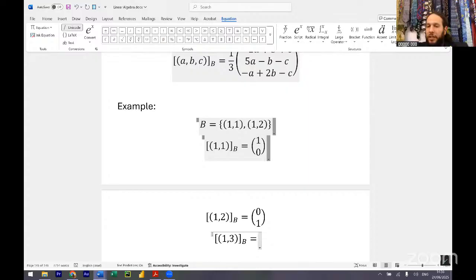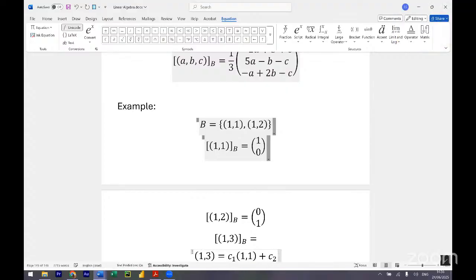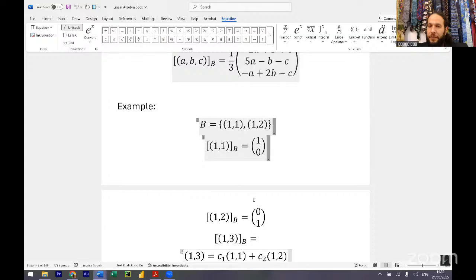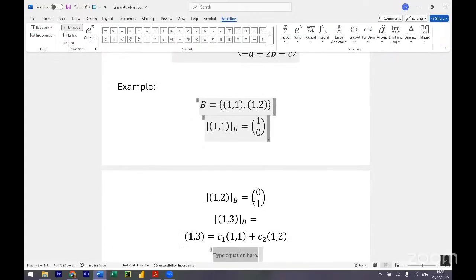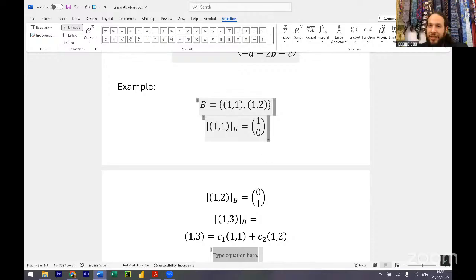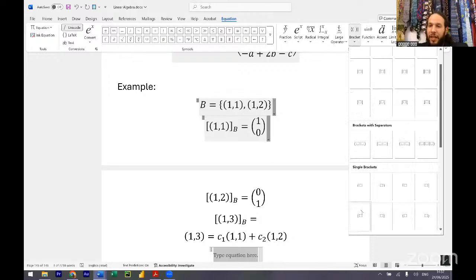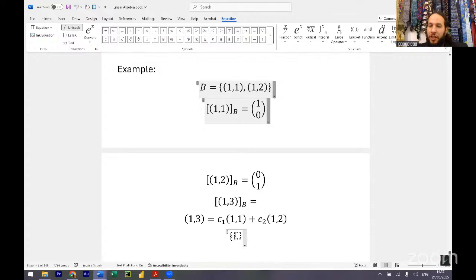I have no idea. Let's calculate. We wish that (1,3) would be C1 times (1,1) plus C2 times (1,2). So we get, again, a linear system of equations. What is the first equation?